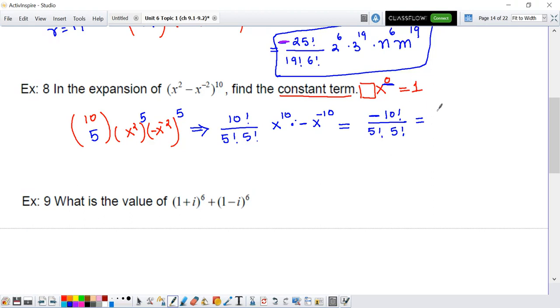So 10 factorial means one of the 5 factorial will be gone, and I will have 10 times 9 times 8 times 7 times 6. And one of the 5 factorial is gone, and this would be 5 times 4 times 3 times 2 times 1. So let's check it out. Can we say 4 times 2 is 8?